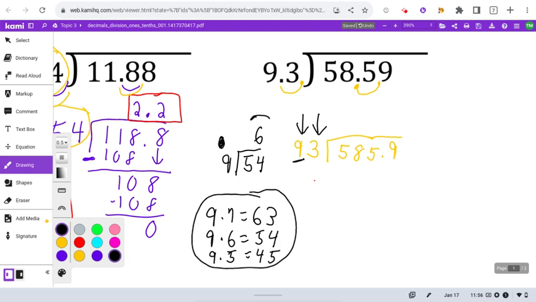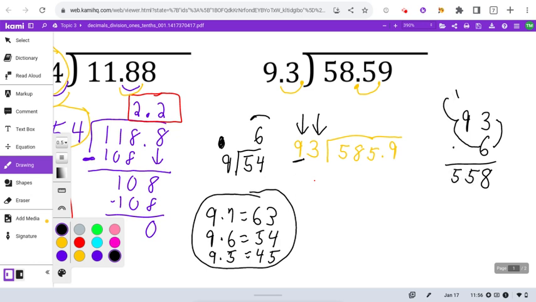So let's give it a try. Let's do 93 times 6 and see if we're close enough to the 585. So I do 6 times 3, which is 18. 8 down, 1 up. And then 6 times 9 is 54, plus 1 is 55.